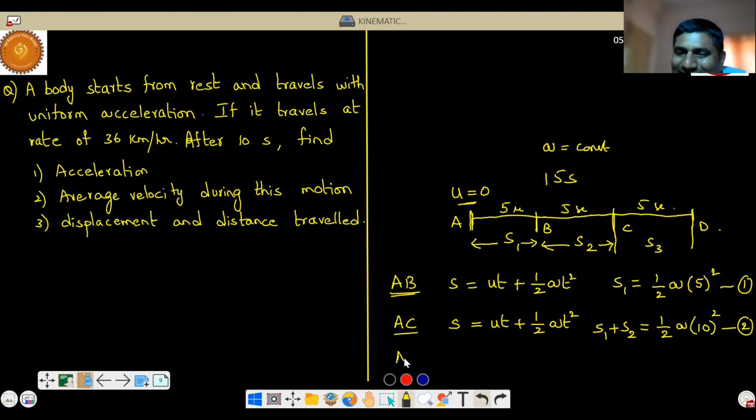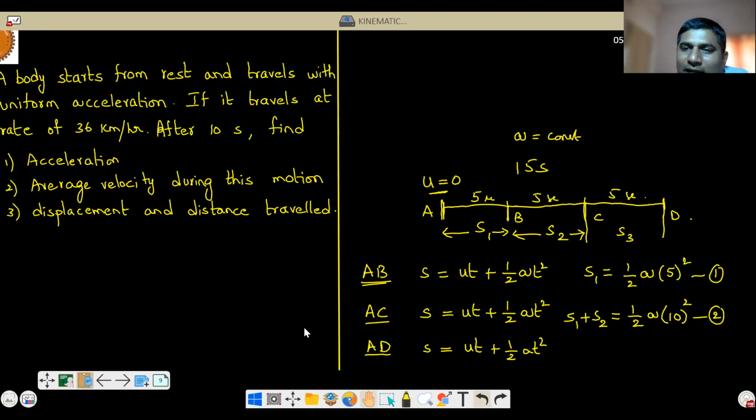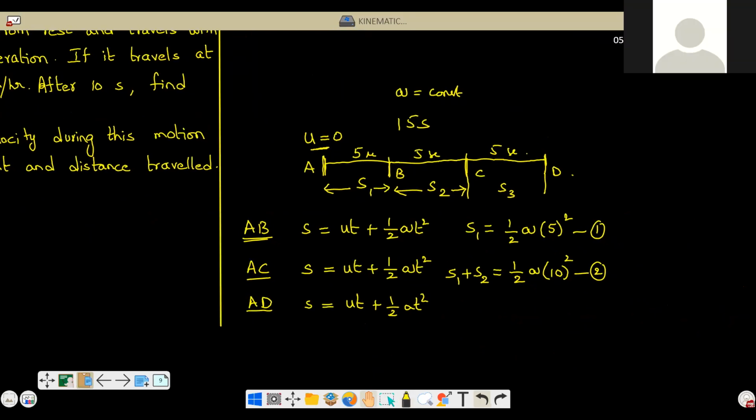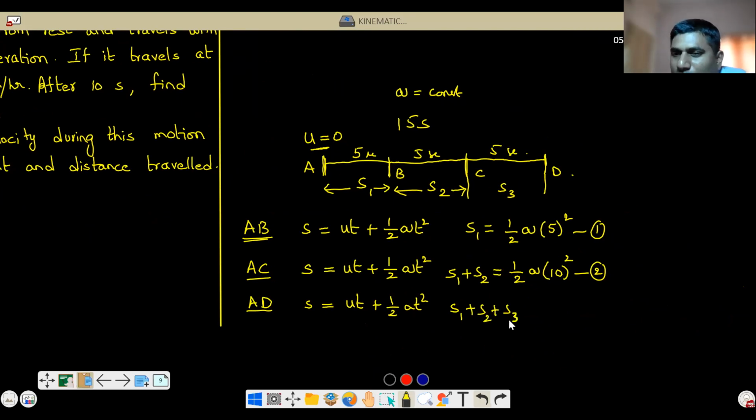So let us take the interval A to D and apply the equation S = ut + (1/2)at². Now what is the displacement from A to D? S1 plus S2 plus S3. Very good. S1 + S2 + S3 = 0 + (1/2) × a × what is the time?